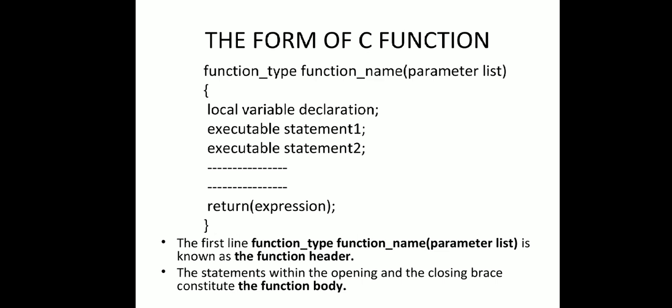Finally we have return statement. And all these elements should end with semicolons. The first line, function type, function name, parameter list, is known as the function header, and the statements within the opening and closing brace constitute the function body. So these things are called function body.